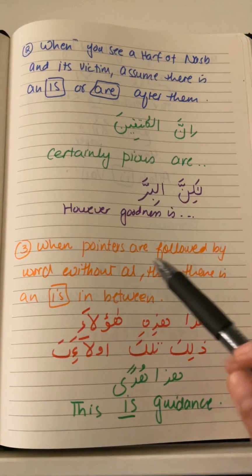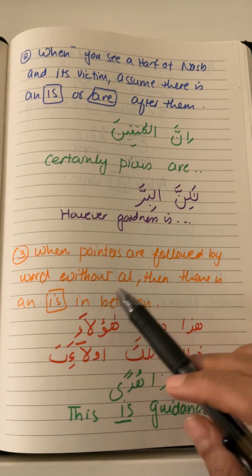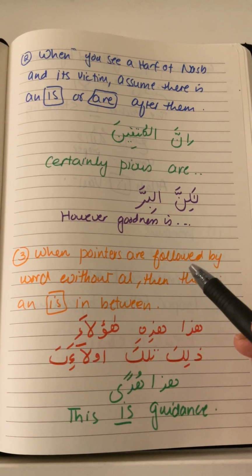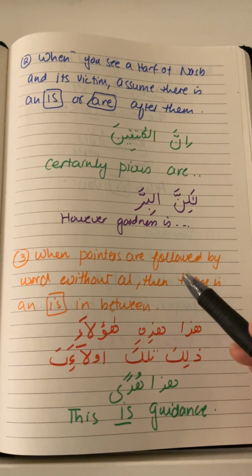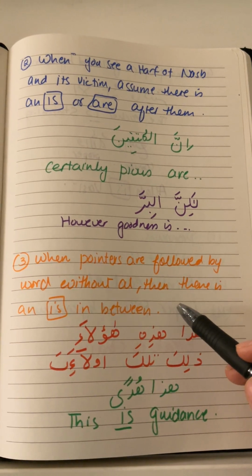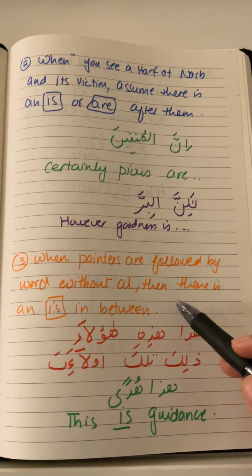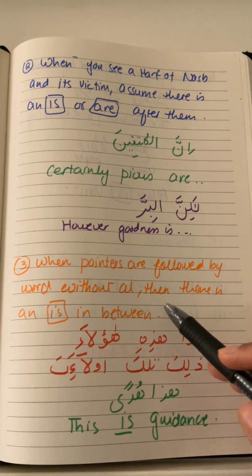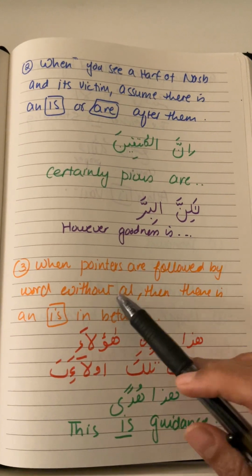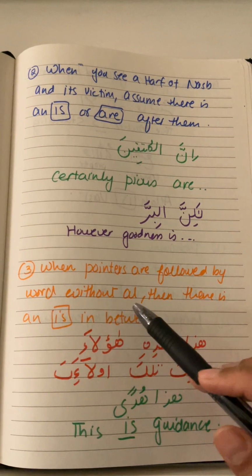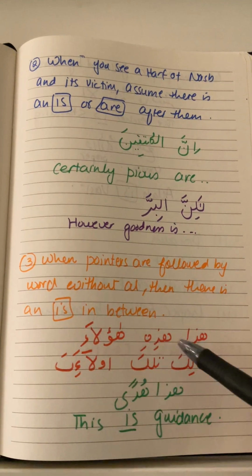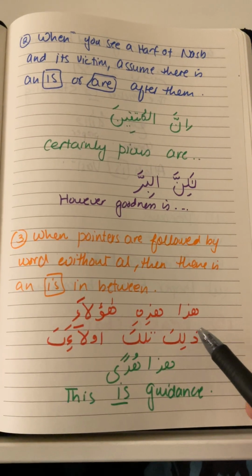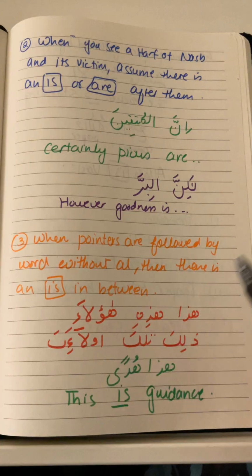Now the third one is when there are pointers, they are followed by a word without an al. We did this when we were doing the pointers, that whenever a pointer is followed by an al, then that is a fragment, and whenever they are not followed by an al, then that means that it's a sentence and there is an is there. So when the pointers are followed by a word without an al, then there is an is in between. And what are the pointers? We know haza, hazihi, haulai, that is for the near things.